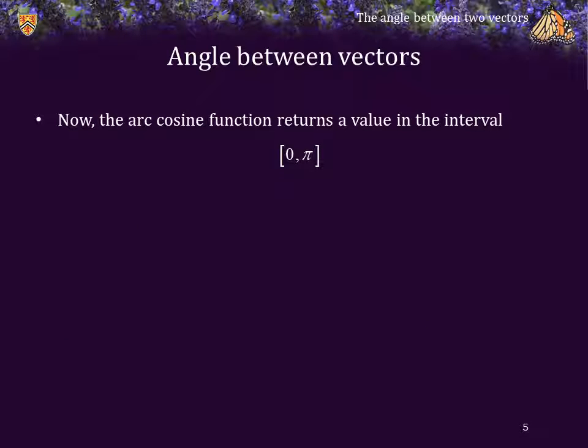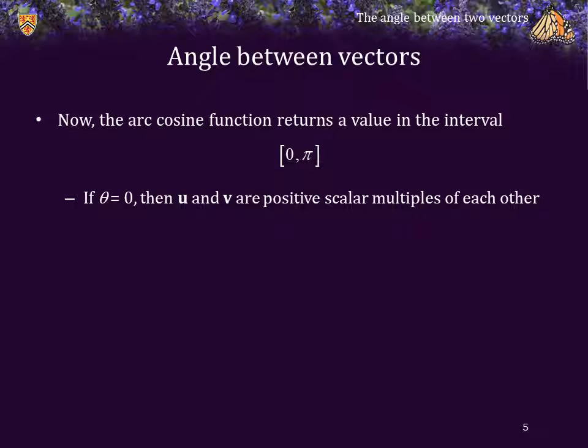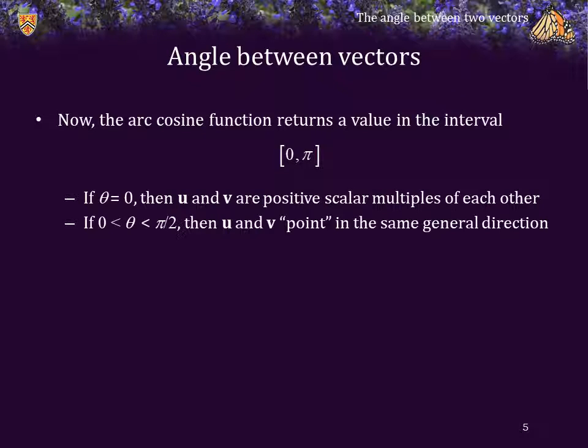Now, the arc cosine function returns a value on the interval from 0 to pi. If theta is equal to 0, then u and v are positive scalar multiples of each other. If the angle we calculate between 2 vectors is between 0 and pi over 2, then we'll say that u and v point in approximately the same general direction.